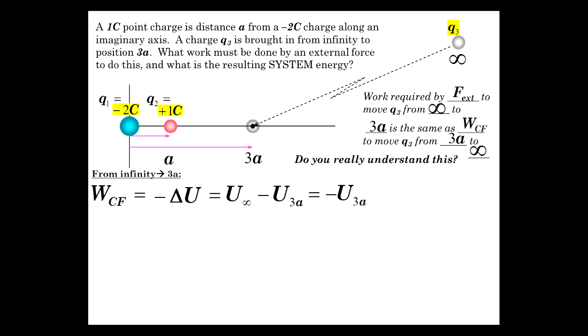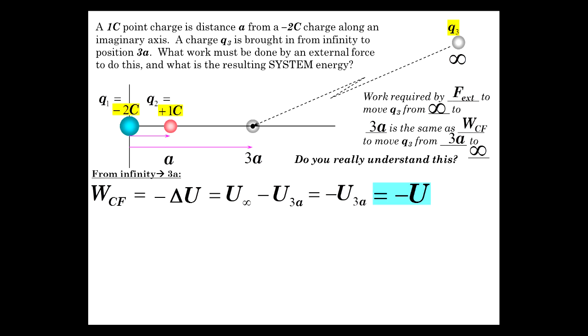So this gives us the work done by the conservative force, or negative U. Now when I just write negative U, it's really the negative potential energy of the charge Q3 at 3a.